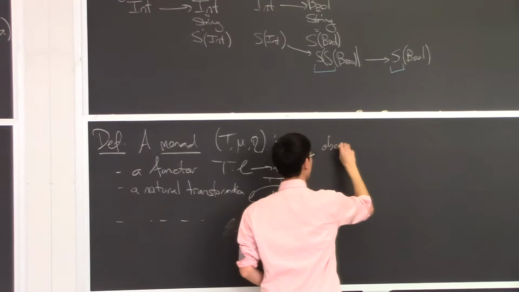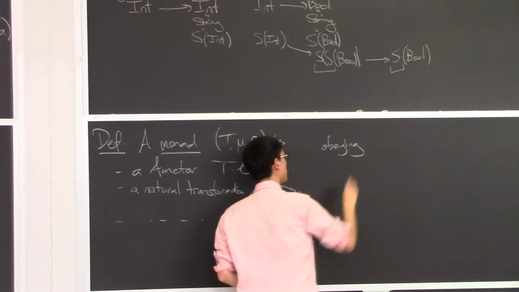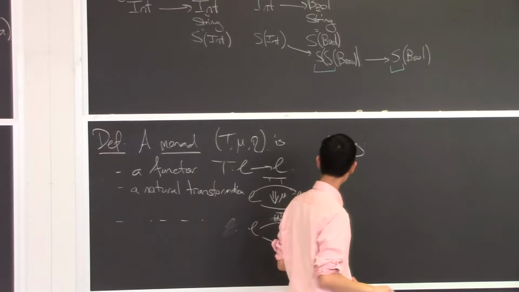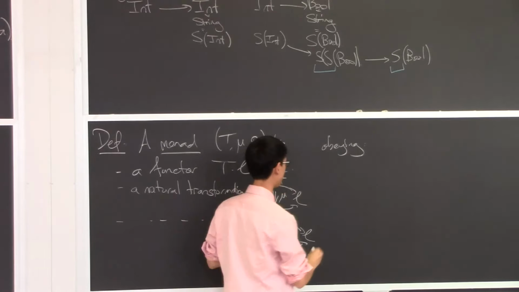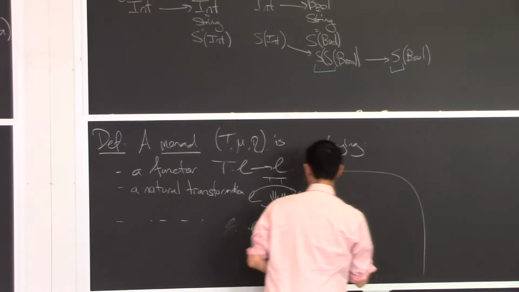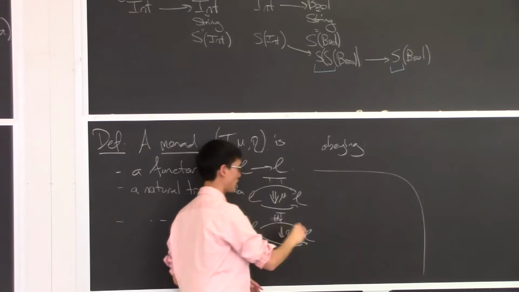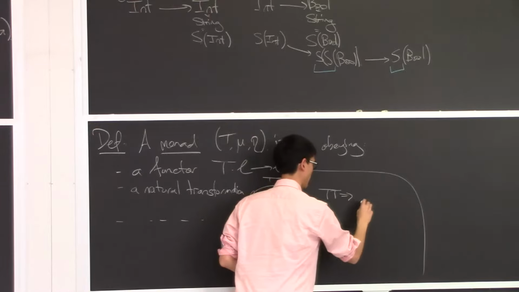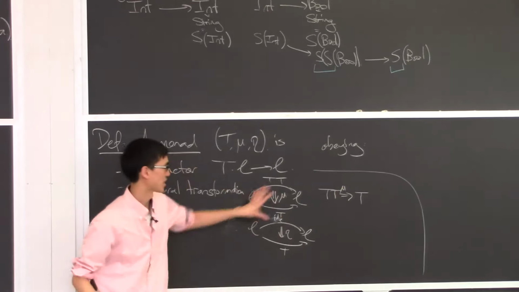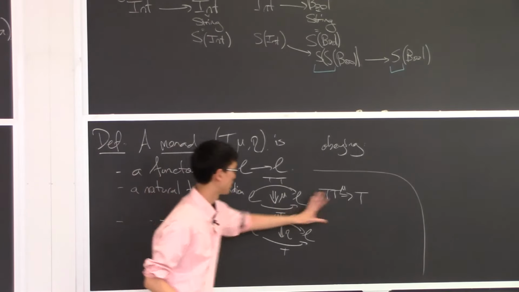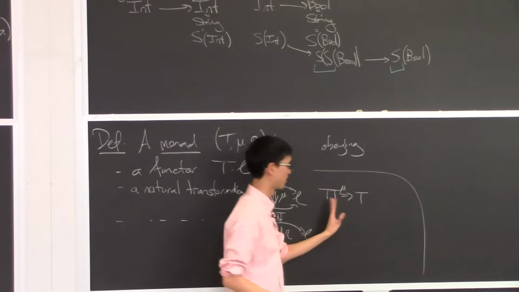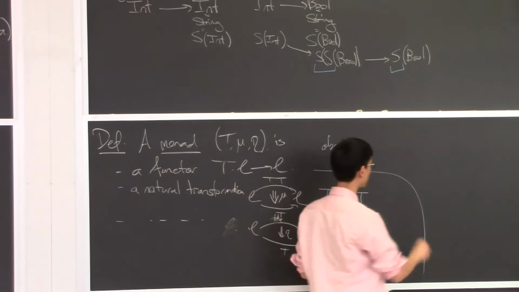Instead of writing this more complicated diagram, I'm going to just focus on calling the natural transformation like that and ignore the fact that the functors are from C to C. So we have a natural transformation mu from t squared to t.